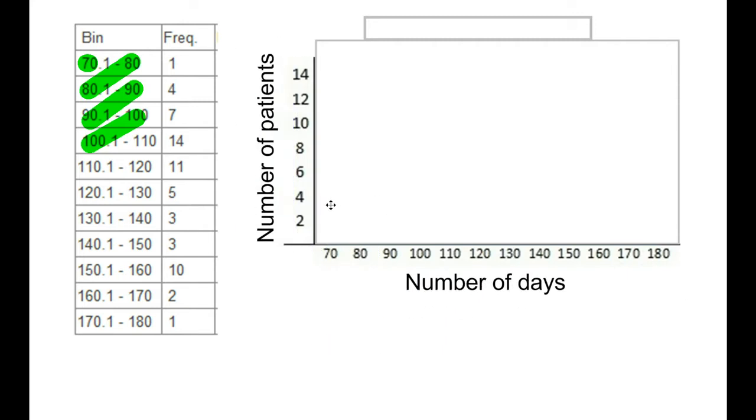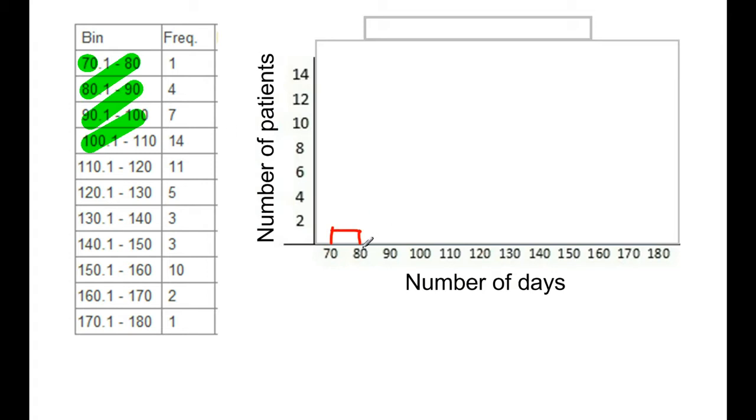Now what we need to do is draw the bars. It's very similar to a bar graph, except we're going to do it a little bit differently. Instead of drawing its own little separate bars for everything like we would with a bar graph, we're going to instead have bars that touch each other and start at the edge and go to the edge of the next one and go the proper height. So the first one, frequency of 1, would go about here.